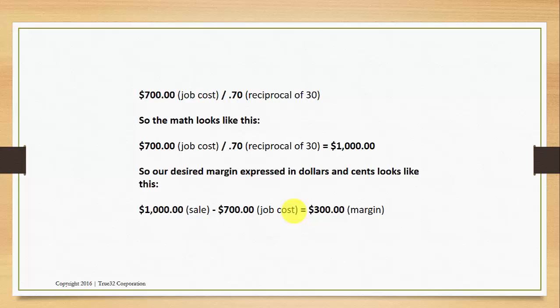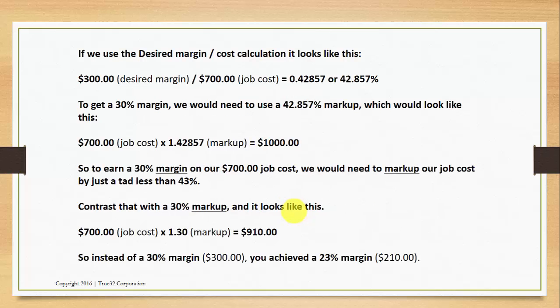If we use the desired margin divided by cost calculation, it looks like this: $300, which is our desired margin, divided by $700, our job cost, equals 0.42857 or 42.857%.